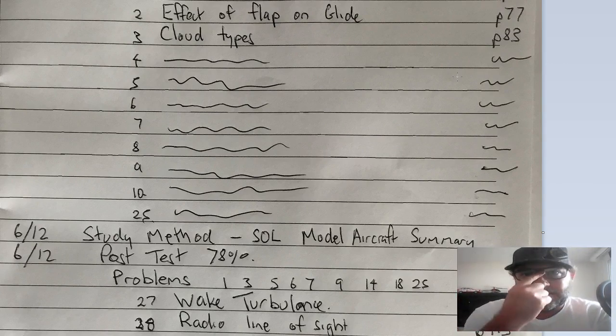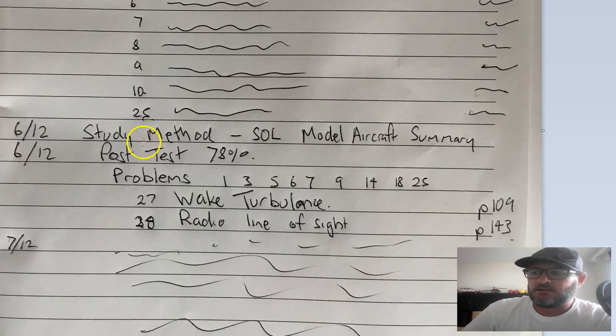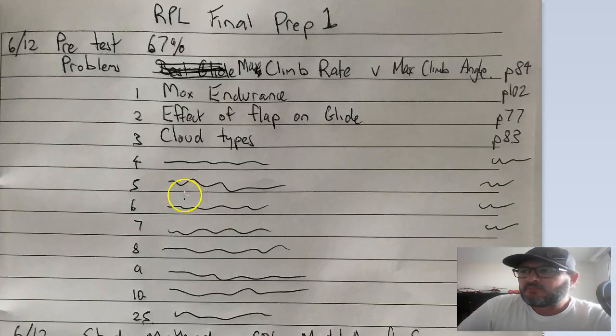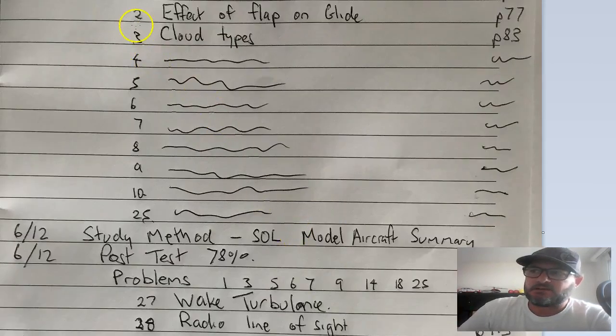So this time I've got fewer questions wrong, but chances are I'm going to have a lot of the same ones that I got wrong up here. So what you do is record problems, and instead of rewriting them with the pages, because we've referenced them with that little number up there, we just go, okay, problems 1, 3, 5, 6, 7, I got them all wrong and they're all up there.